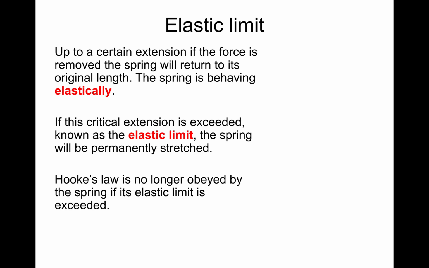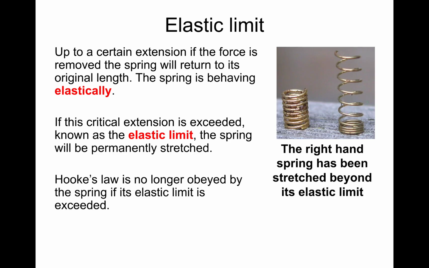Remember, Hooke's law is that the extension is directly proportional to the applied force. So here's an example of a spring. So this first spring is still less than, it's not been stretched past its elastic limit. However, the spring on the right hand side has been stretched beyond its elastic limit and is now permanently deformed.